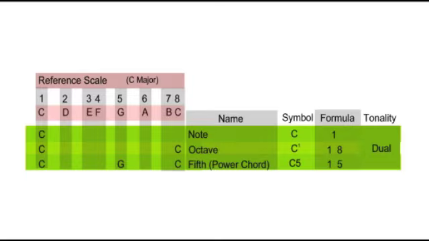So now, as well as a C at number 1 position, I have another C at position 8 in the scale. Then we move down another line and add something else.